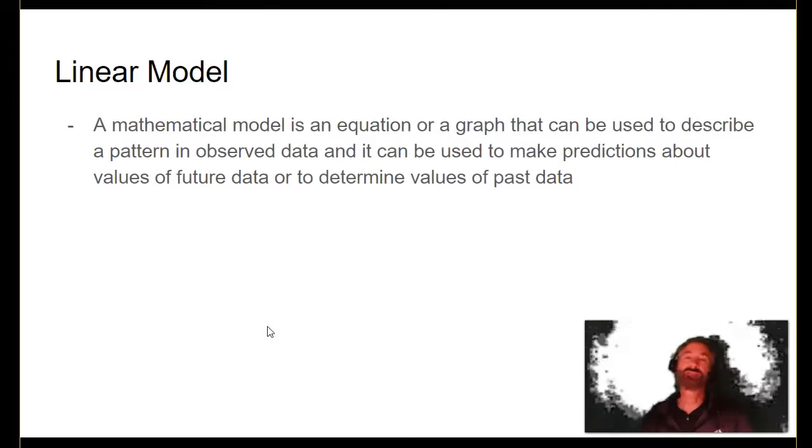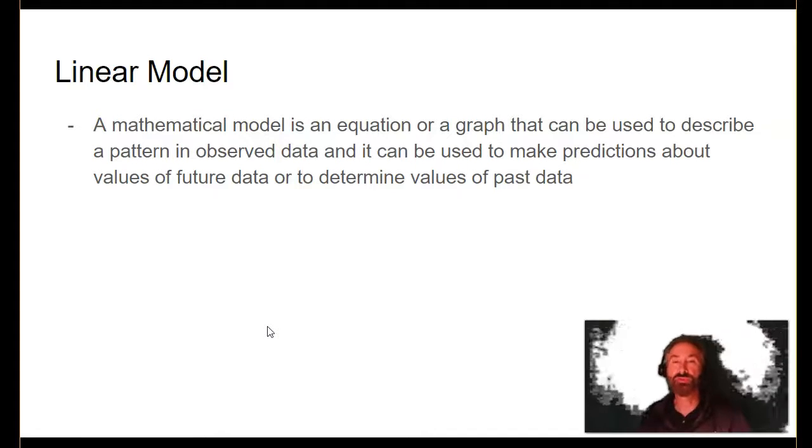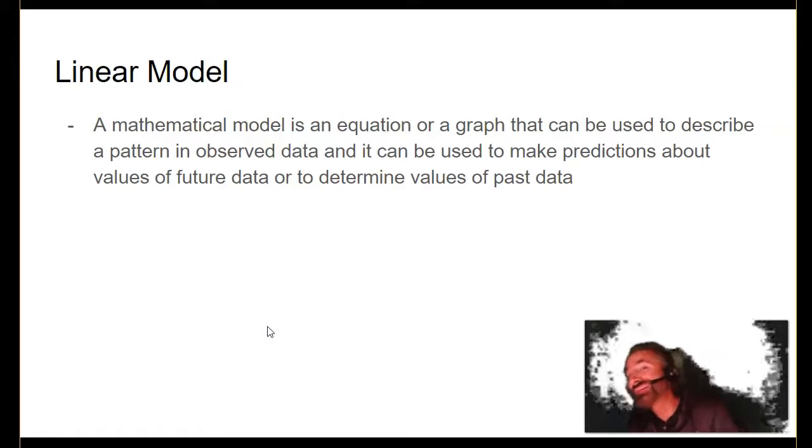A linear model. Let me give you some words, maybe for those of you that would like to see the words. A mathematical model is an equation or graph that can be used to describe a pattern in observed data, and it can be used to make predictions about values of future data or to determine values of past data.